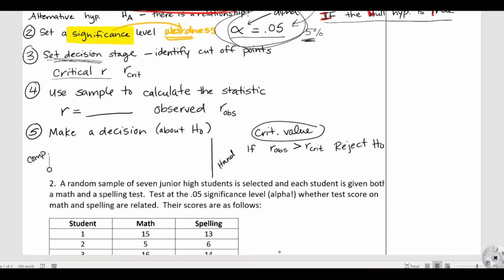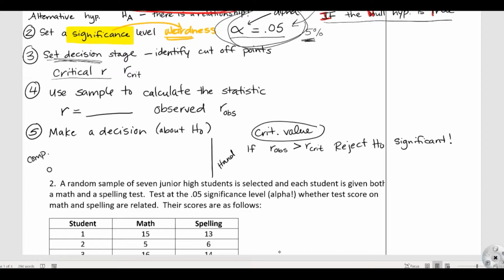When we have a result that allows us to reject the null hypothesis, we say it is significant. This is a significant finding, meaning that it would be so weird to get an R value this big from our sample if a relationship doesn't really exist in the population. That would be so weird that we don't think that the null is actually true. So we're going to reject it.